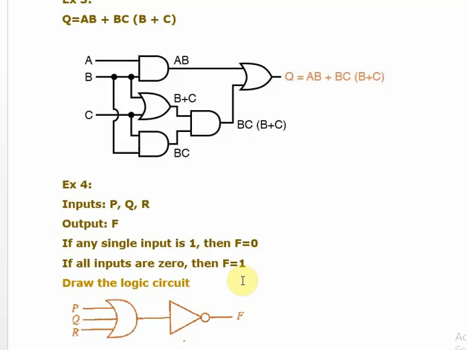So why we can't take the NAND gate? Because the NAND gate, this is not true, no? Any single input is 1, output is not 0, no? Any single input is 1, always output is 1 in NAND gate. So the NOR gate, right? This is how we derive. If you can't remember, at least you can place it and see like this.